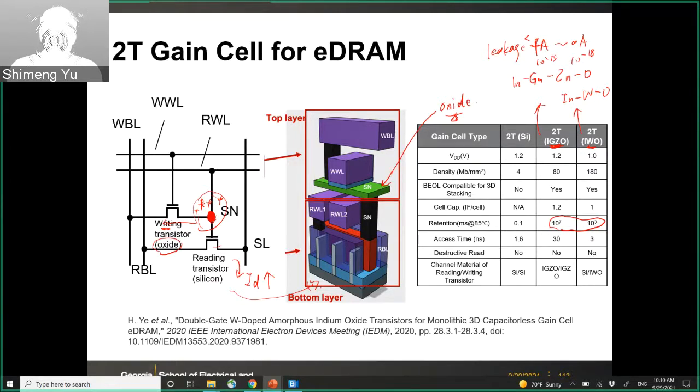Materials like IGZO are not new, I would say.